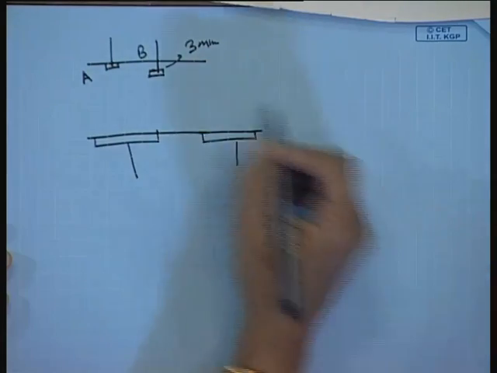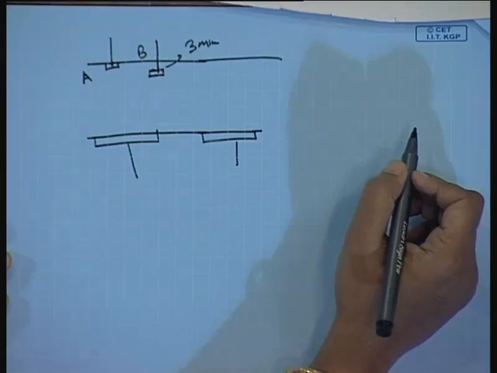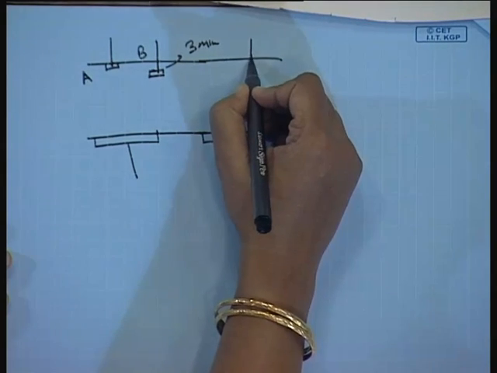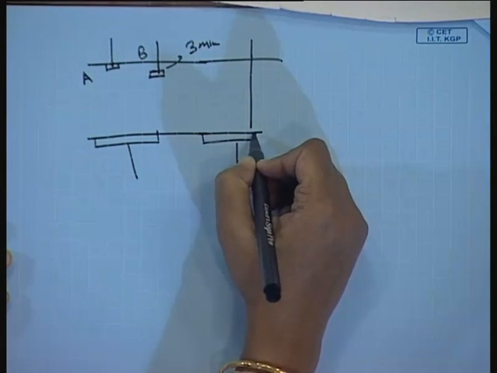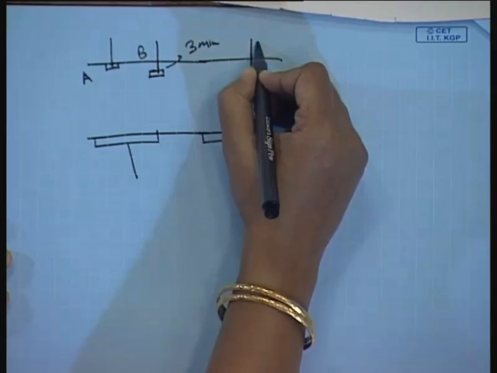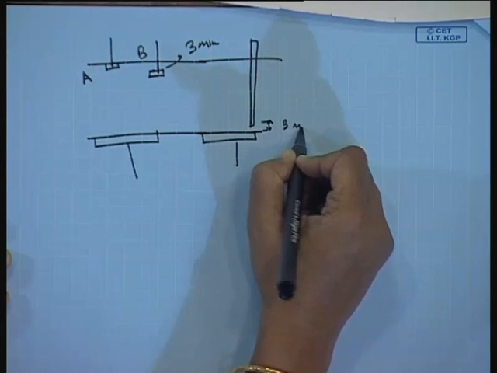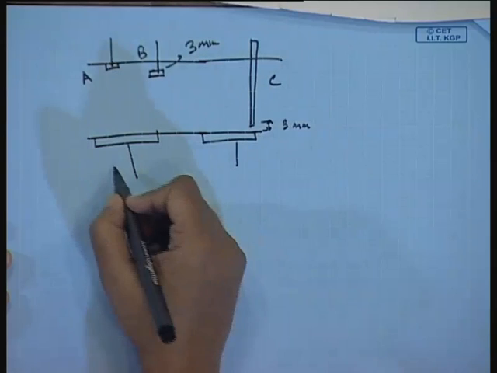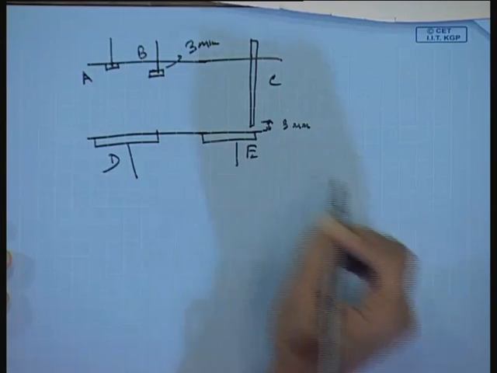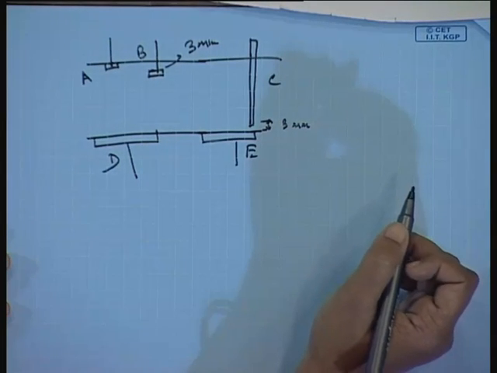This electrode was B. And then they used an uninsulated needle which was just 3 millimeters from the lower wall. This was C, and these two electrodes were D and E.